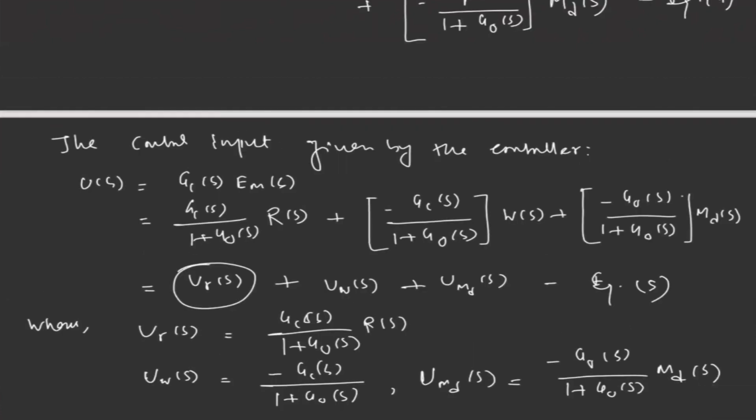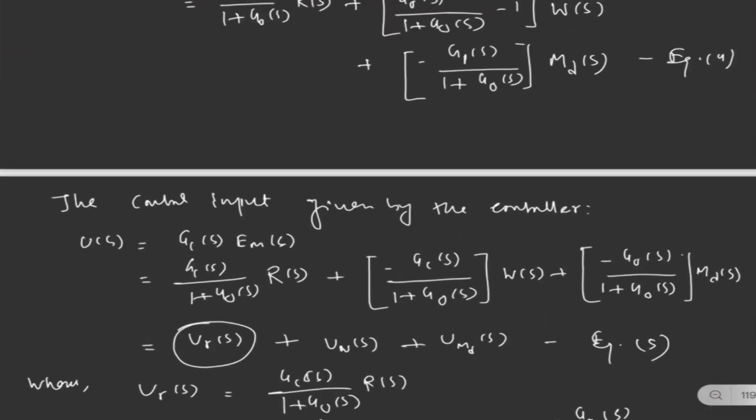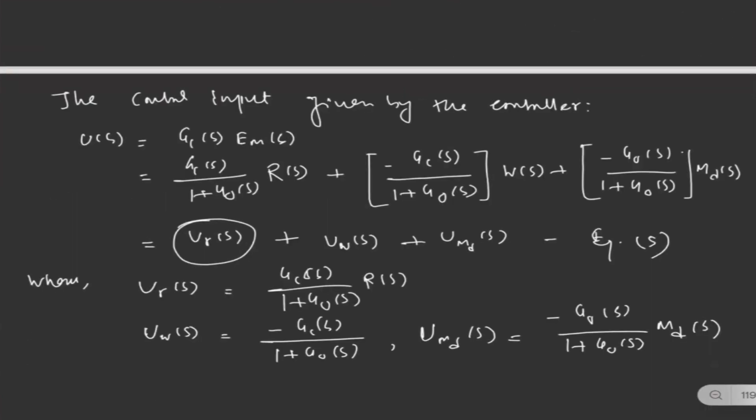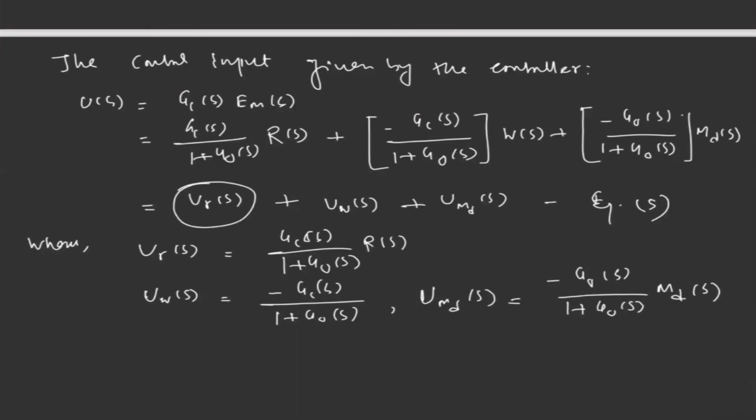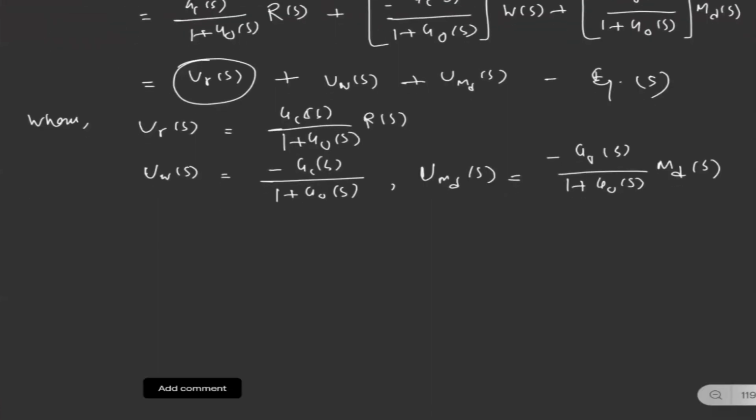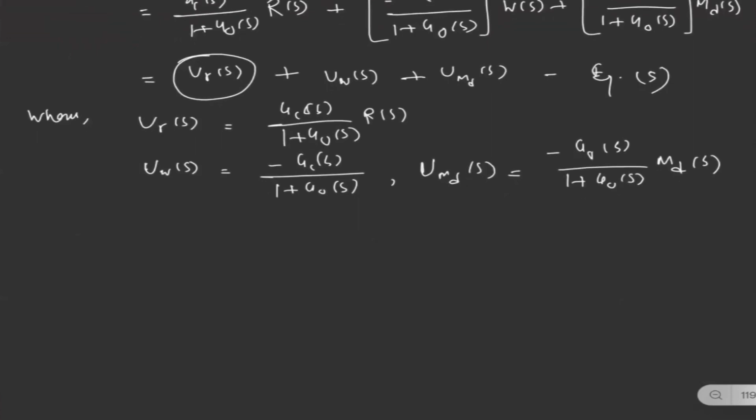So this is how we can find the control input and measurement error equation. Our motivation is how we can neglect or mitigate the disturbance and measurement noise by designing a suitable control algorithm in the frequency domain. Before we proceed to that part, I'd like to highlight a few important points which are very useful for designing a controller in the frequency domain.